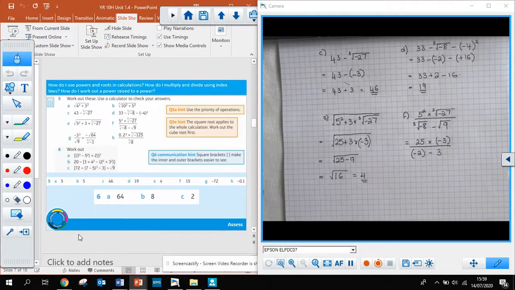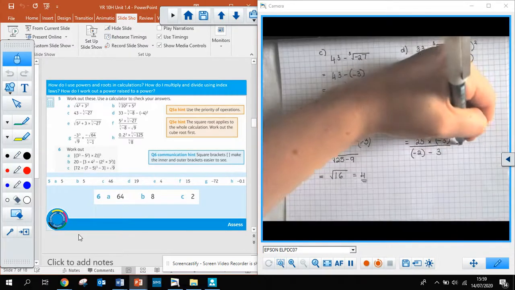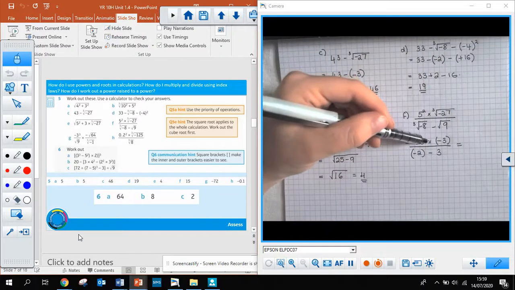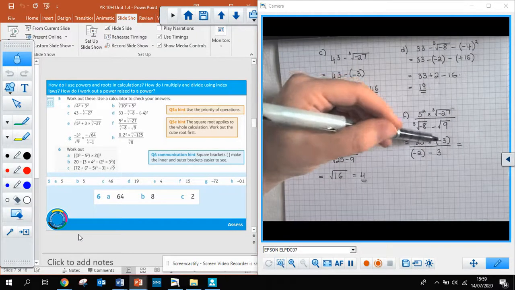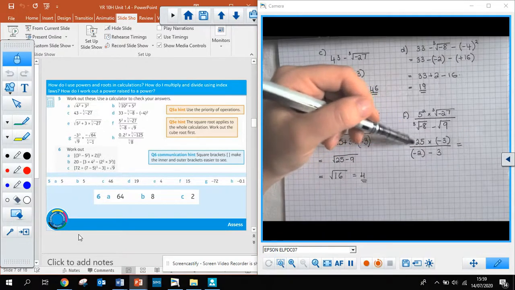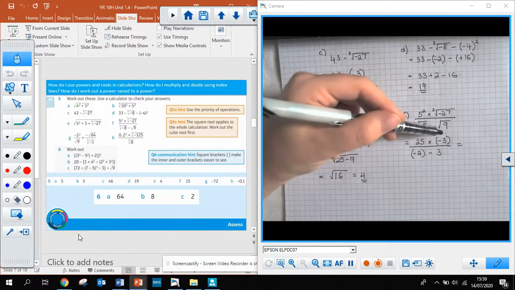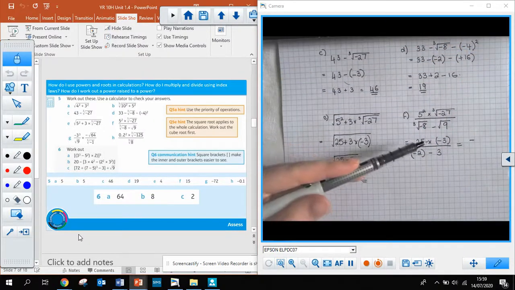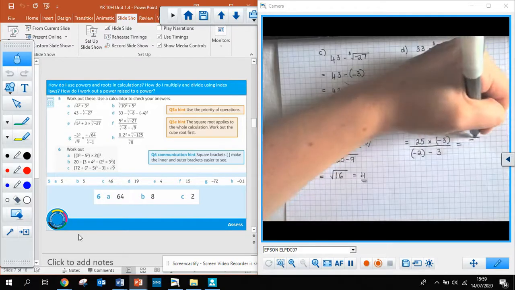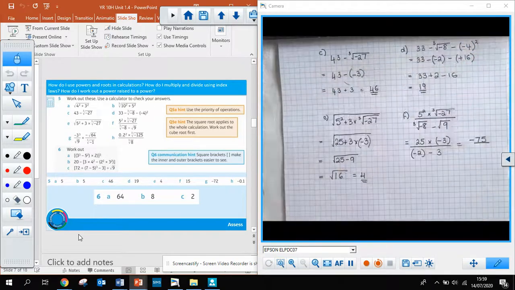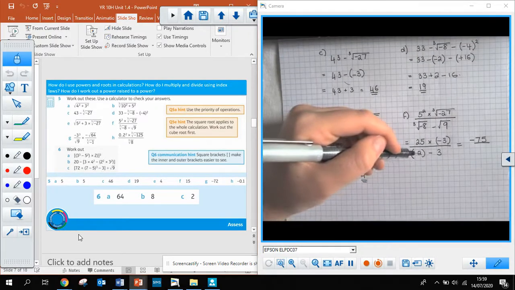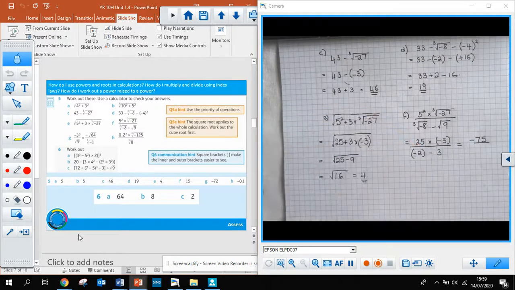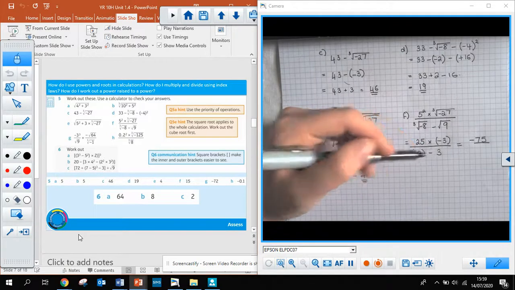So now I need to work those out, each part of those. 25 multiplied by negative 3. That's what I'm going to do first. Well, I've got a positive multiplied by a negative, so I know my answer is going to be negative. And then 3 times 25 is 75. So I have negative 75 in my numerator, divided by minus 2 minus 3. So minus 2, subtract 3.